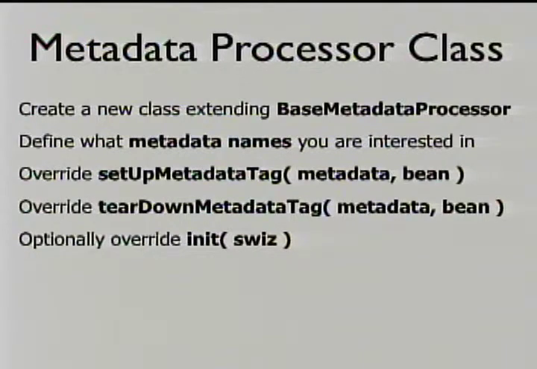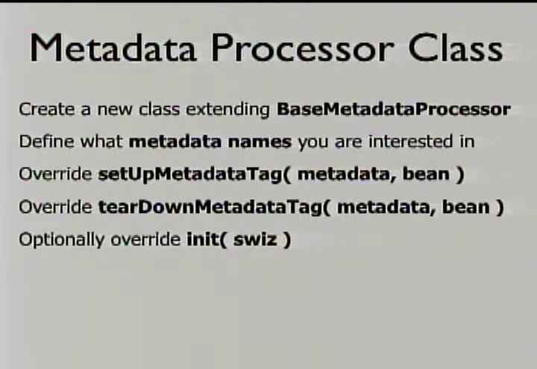So the next piece would be to actually create your metadata processor class. First, you would create a new class extending the base metadata processor. Base metadata processor just contains some common functionality that you would use in metadata processors, for example, only giving you the metadata information that you need and things like that.